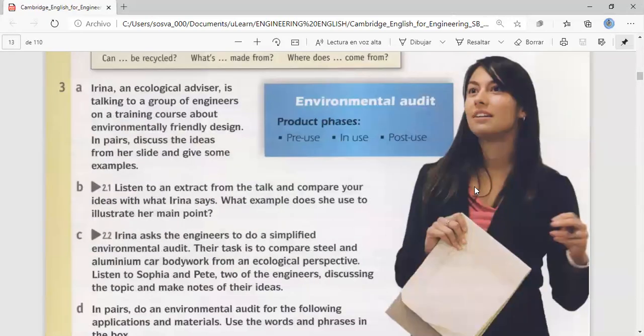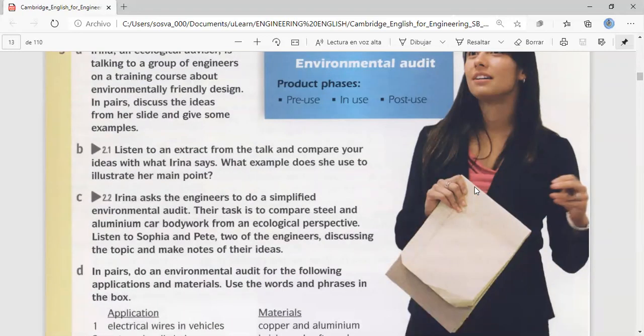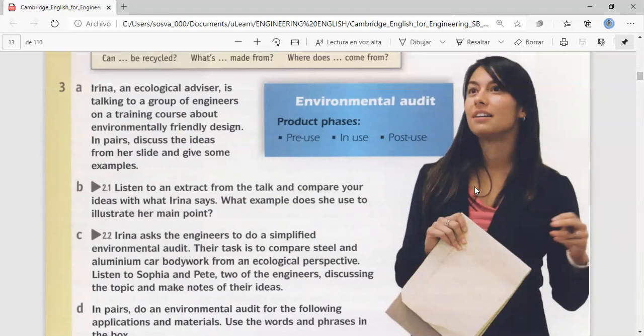So let's go a little bit down. You have a photo of a lady. Look at the lady. Her name is Irina. Irina is an ecological advisor.